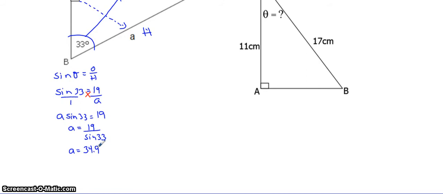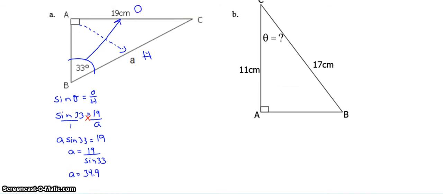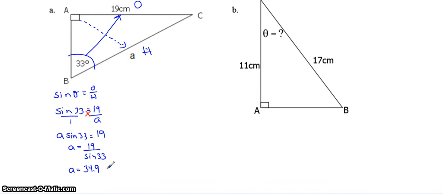Remember to round side lengths to 1 decimal place and angles to the nearest whole number. And the units in this case are centimeters. So that's how you solve for a side using Sohcahtoa.